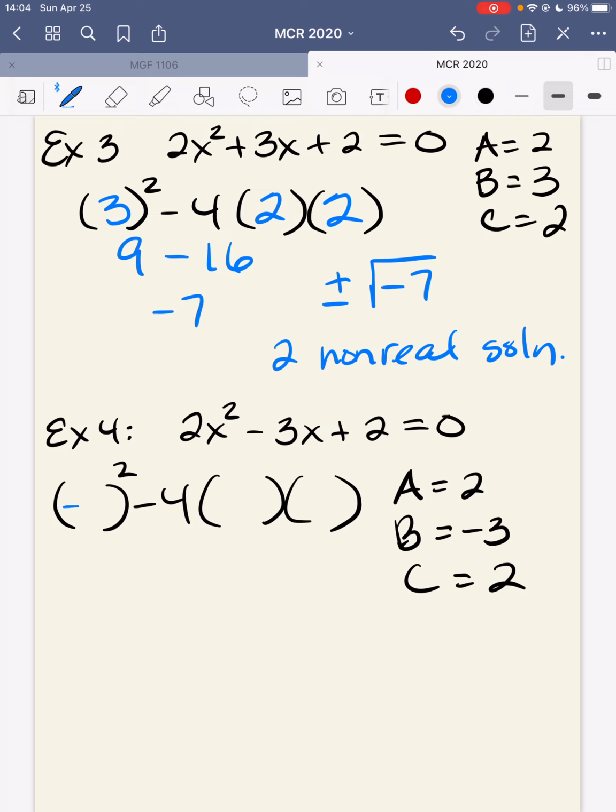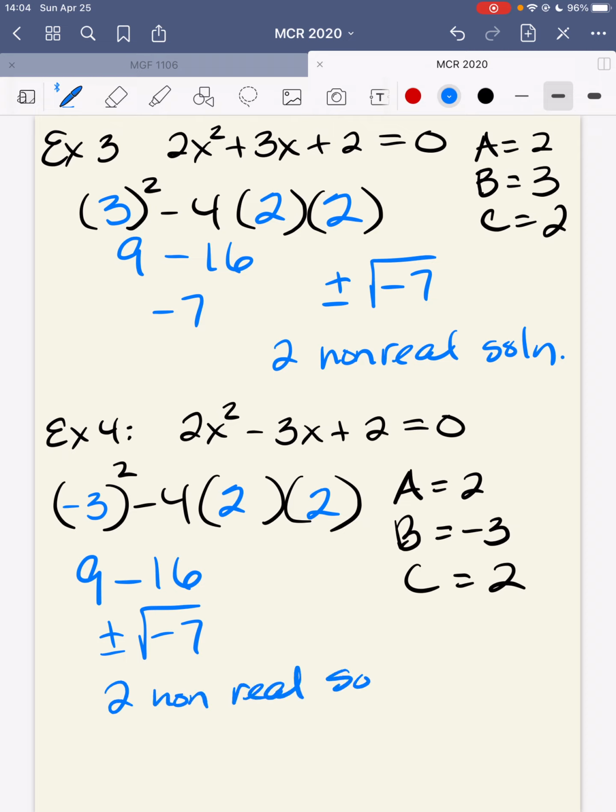B is negative 3, A is positive 2, C is positive 2, and I have 9 minus 16 here. Oh, well, look, it seems like I got the same type of thing as I did before. This is still equal to plus or minus the square root of negative 7, which is still 2 non-real solutions.